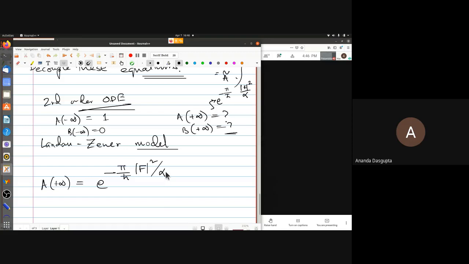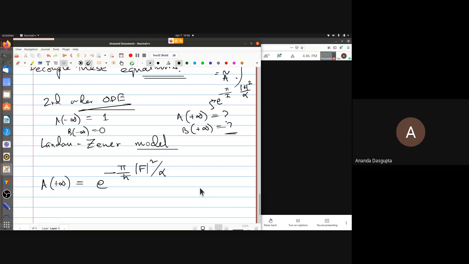Anyway, if you look at the result, see what this is telling you. If f is 0, of course, we go back to our old result, that is A at plus infinity is 1. It just tells us that the system will stay at (1, 0) forever. On the other hand, if f is non-zero, notice that this is a decreasing exponential term, and here it shows that if alpha is very small, then you have a large negative exponent.